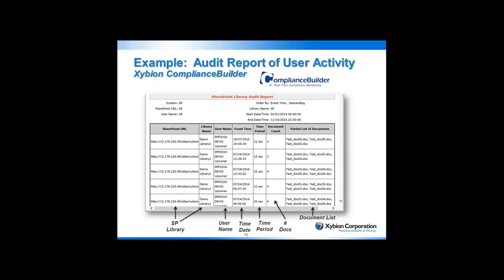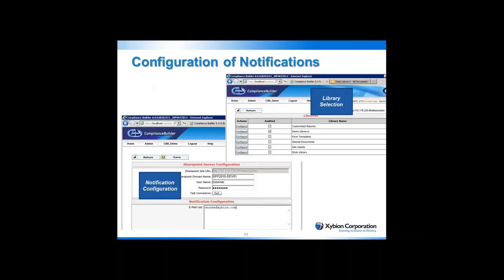This report can be pulled up anytime from the Compliance Builder web interface. And all of these events that are listed here also get emailed in real time as the alert is triggered to whoever your system administrator might be. All right, go to the next slide, Kevin.